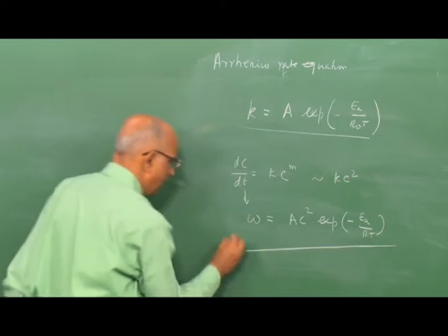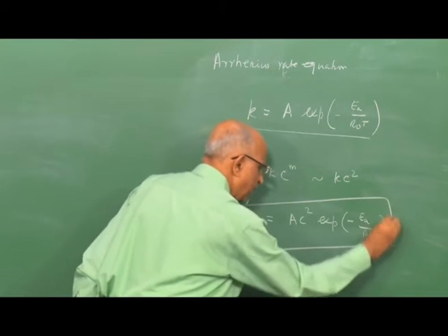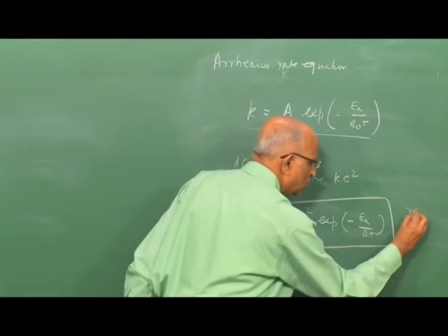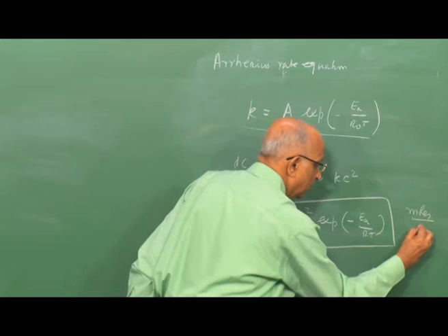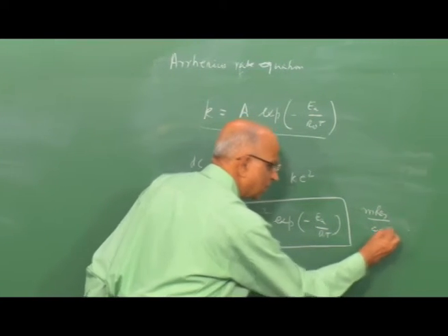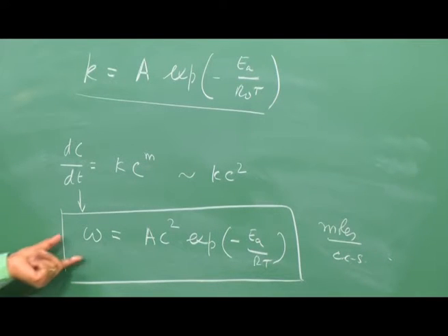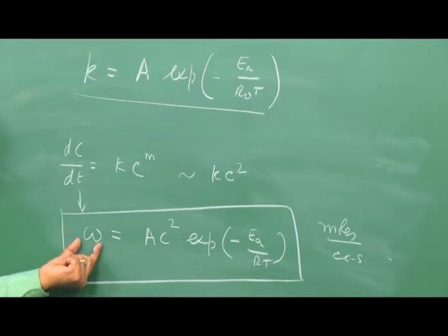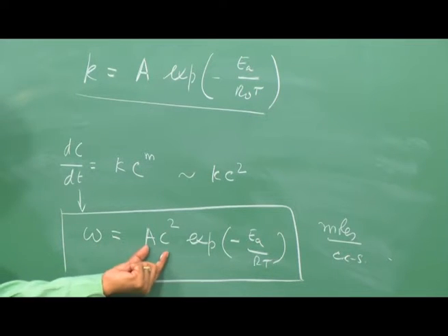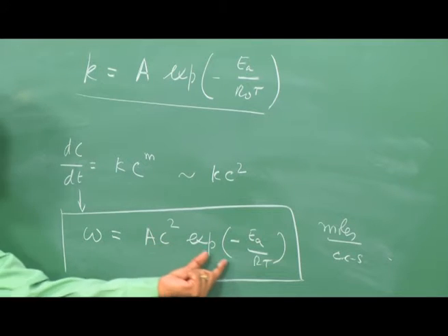This becomes the expression for the rate of a reaction, so many moles per cc per second. We have arrived, through the law of mass action and the Arrhenius rate equation, at the rate of a reaction in moles per cc second given by A into concentration squared into exponential.